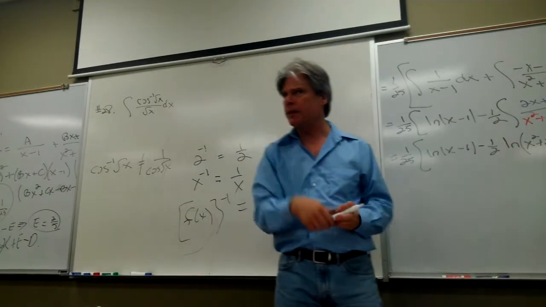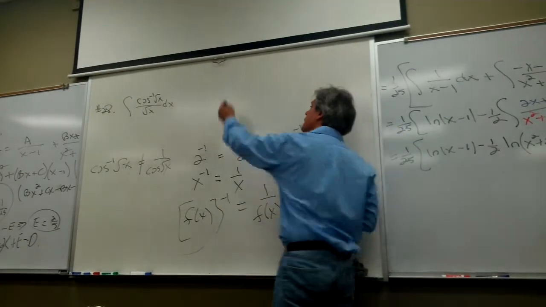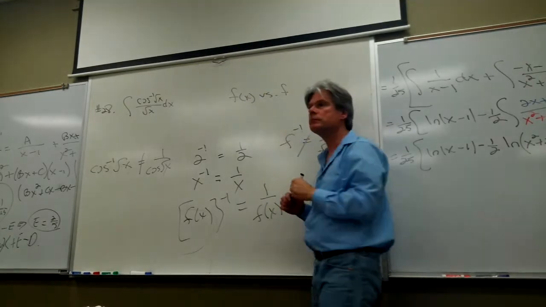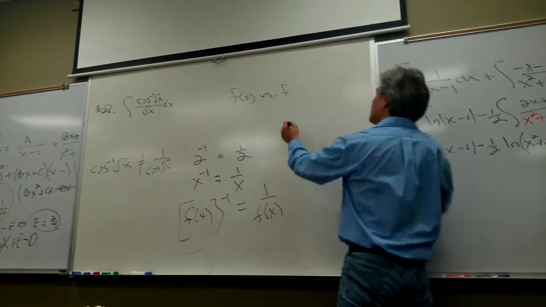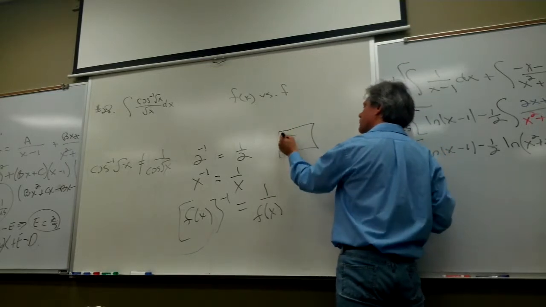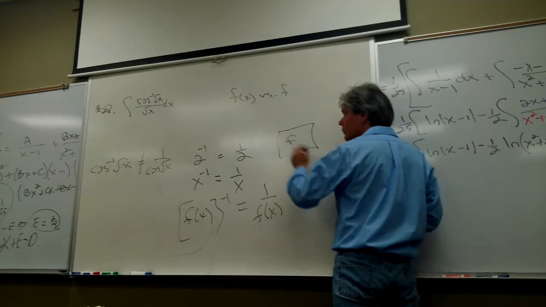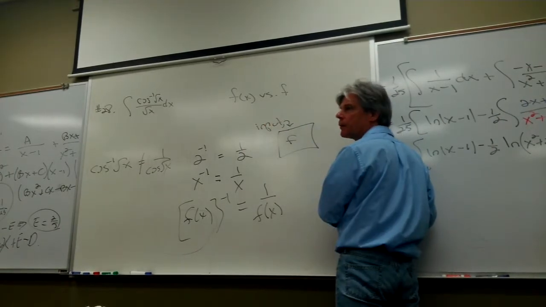But this is a huge point. You have to distinguish between f of x and f. I think f of x and f are definitely not the same thing. Think of f as a function, a process. In my kitchen, it's a bread machine. And I've got an input, among others, called flour.